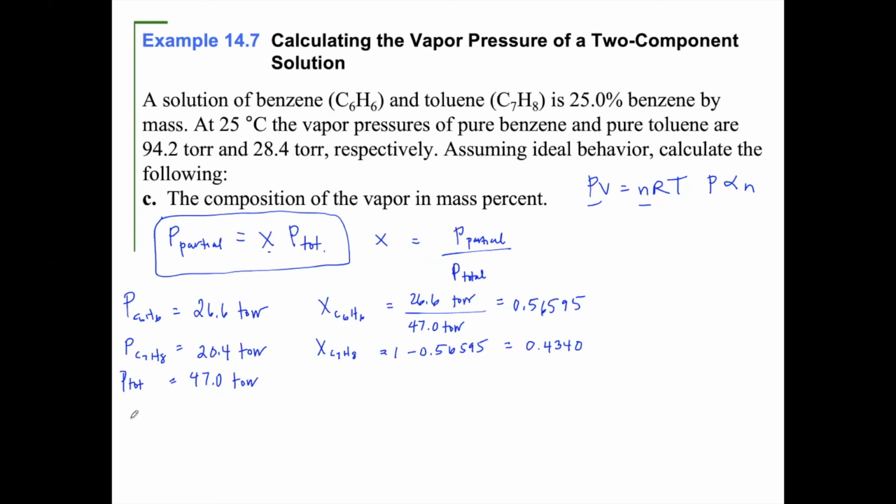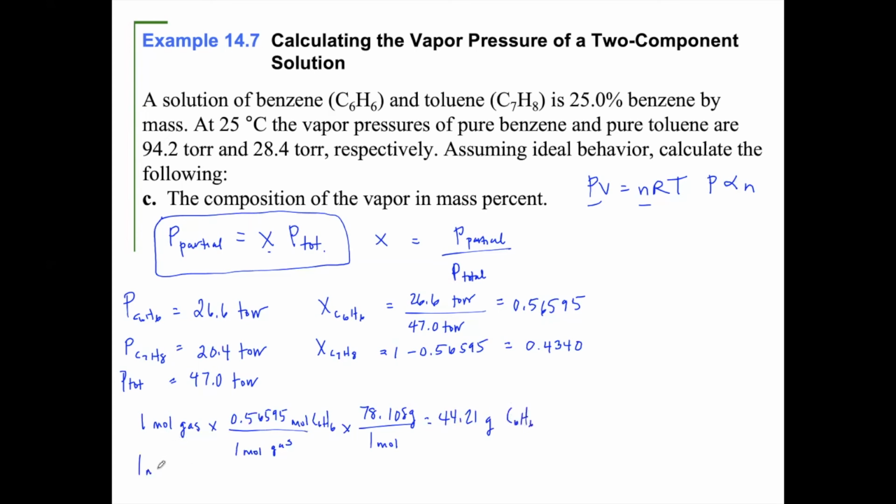So if we had 1 total mole of gas, and we knew that for every 1 mole of gas we had 0.56595 moles of benzene, and then we multiplied that by the molar mass, we would get 44.21 grams of benzene.